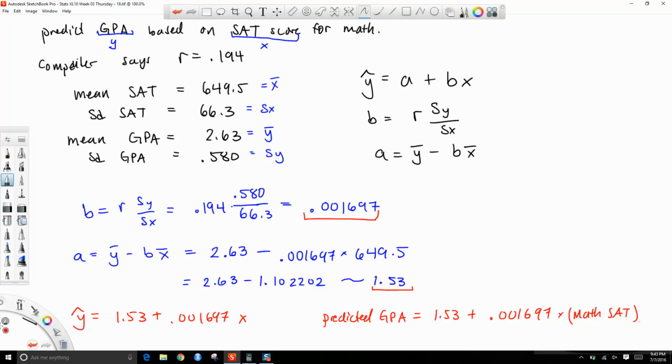And that's what we have. And we can see the correlation is not very strong between math SAT and GPA, but overall there is maybe a little bit of a positive trend.